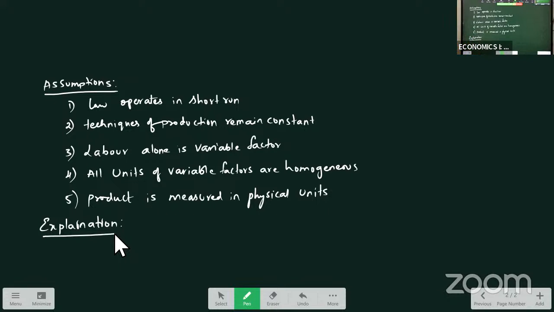This law is explained with the help of an example. Suppose a farmer has 10 acres of land to cultivate. As he increases the labor, how does his output increase? So in the explanation, suppose the farmer has 10 acres of land.